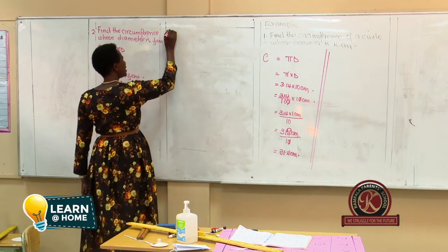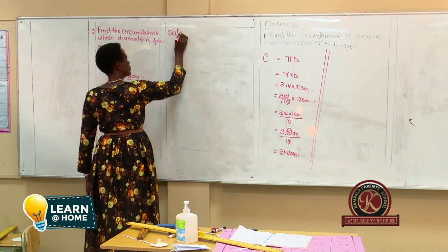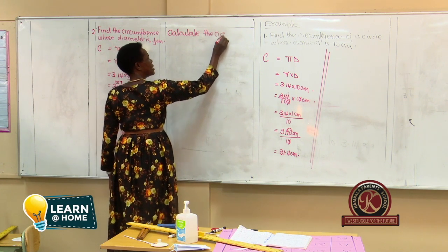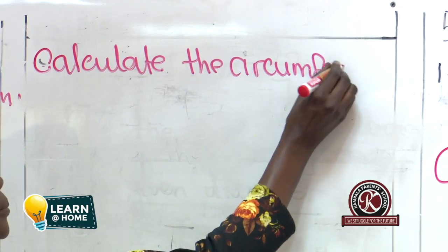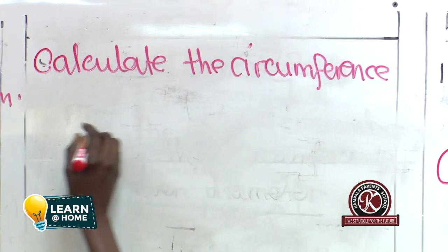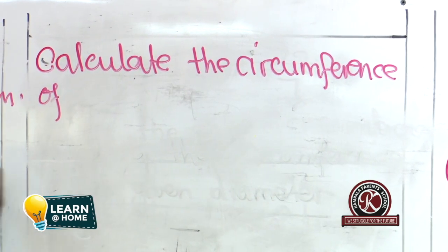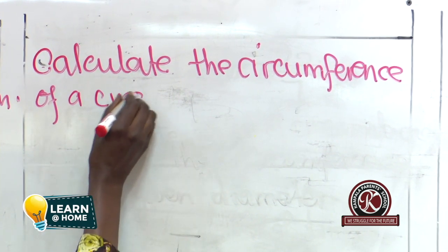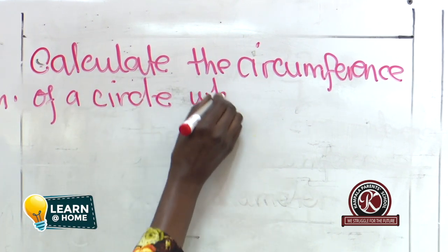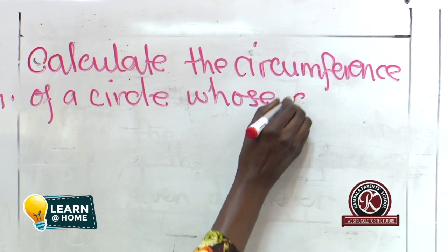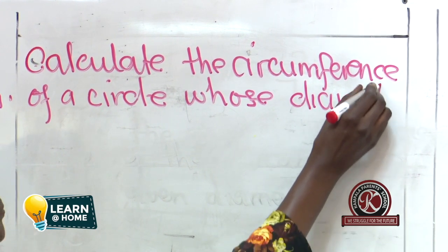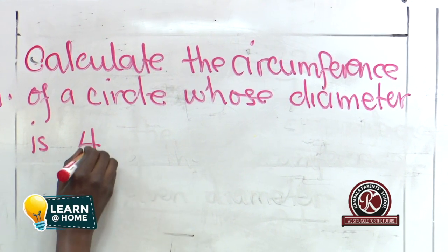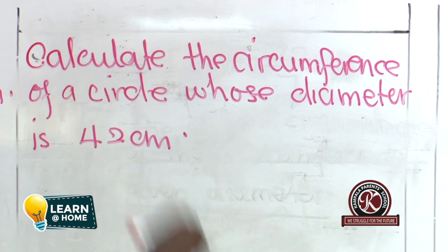So we say calculate the circumference of a circle whose diameter is 42 centimeters.